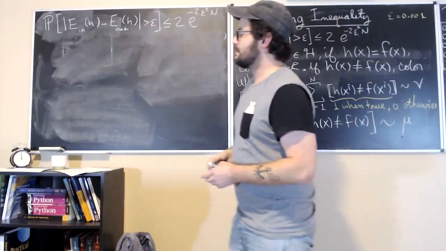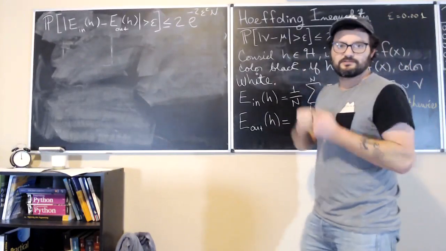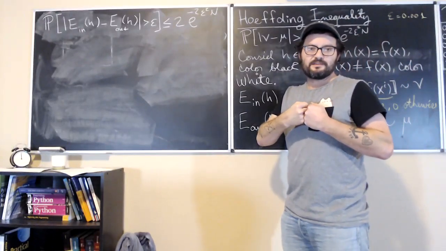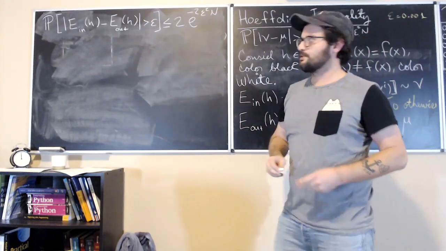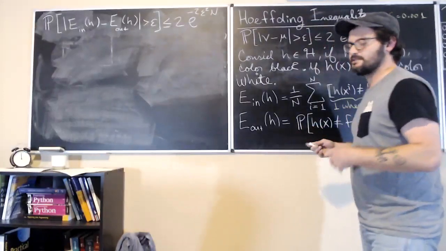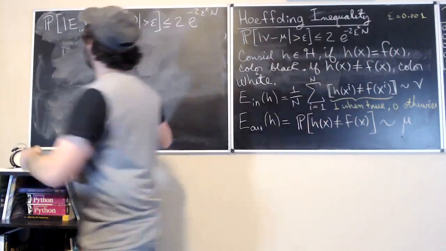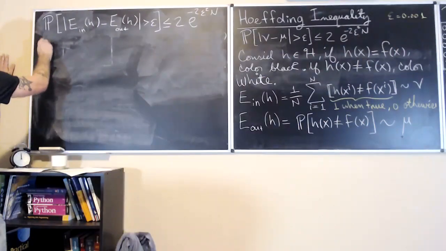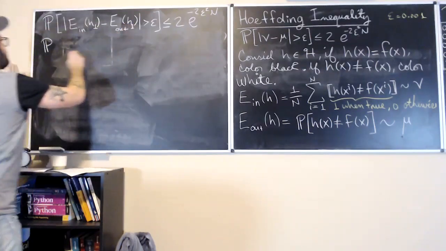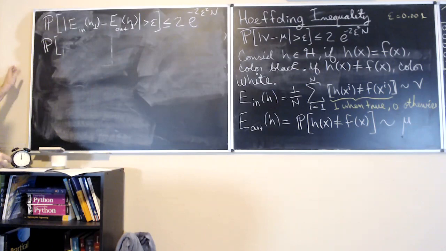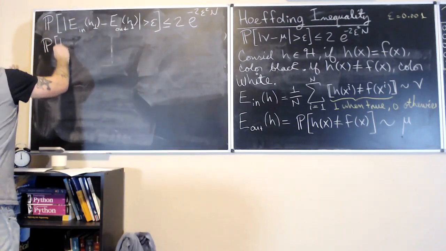But that's for a given H. If you recall the picture that I had, we were trying to find the best function g among all possible H's. So suppose our hypothesis set consists of something like M hypotheses. So let's call that hypothesis 1. And then we uncolor all the marbles and we pick a new hypothesis, call it H2.